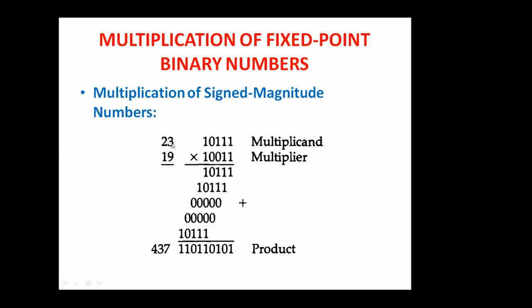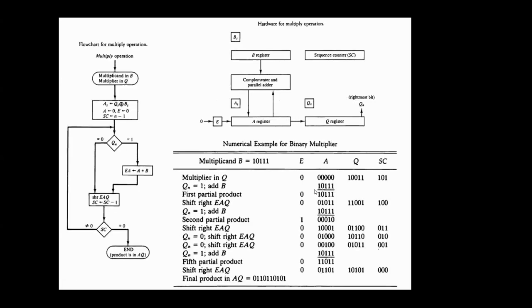So we have to multiply 23 and 19 using this hardware, and this can be done only by following this flow chart. This will be the process used by the computer to do this multiplication. So first, the multiplicand will be stored in the B register, and the multiplier with which I have to multiply will be stored in the Q register.